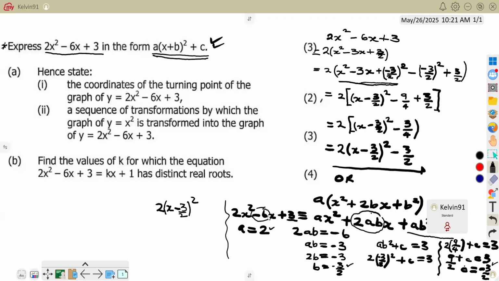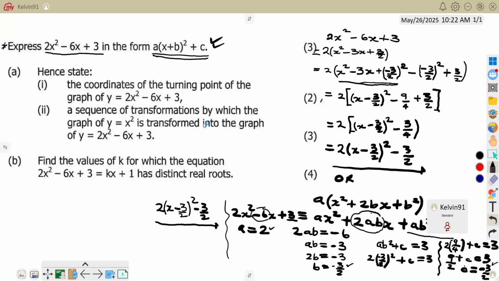Then plus C, our C is minus 3 over 2. Eventually, it means this term will reduce to this term here.